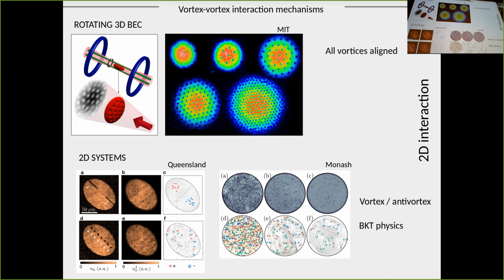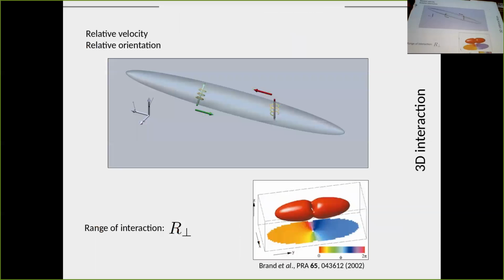In other experiments, like the ones that were discussed on Monday, the effective two-dimensionality of the system resulted in interaction among vortices of an essentially 2D nature. On the other hand, when we focus more on the context of the 3D interaction, one should expect to have reconnection, for instance, in a situation where we launch vortices with orthogonal directions.